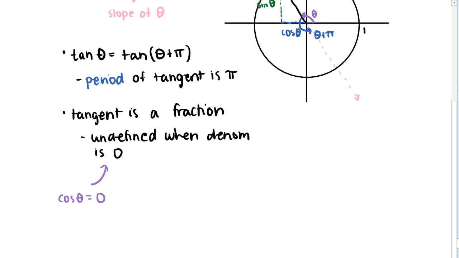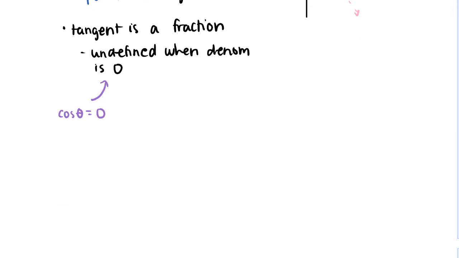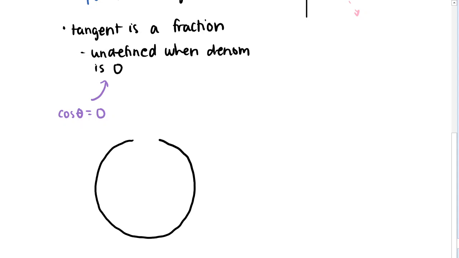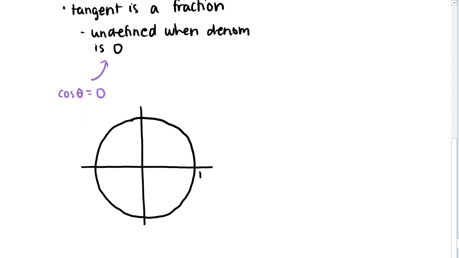And so when is cosine of theta equal to 0? Let's draw a picture for that. If I have my unit circle, cosine of theta corresponds to the x-coordinate of the points on the unit circle. So when is the x-coordinate for a point on the unit circle equal to 0?